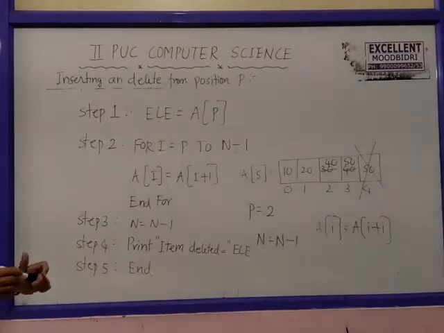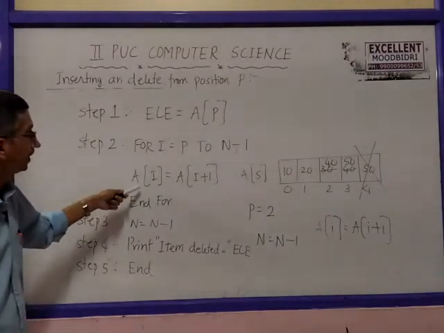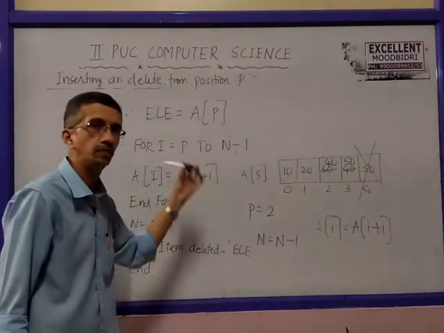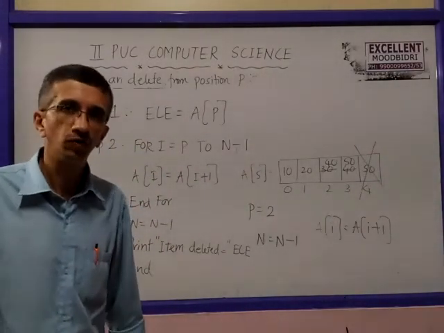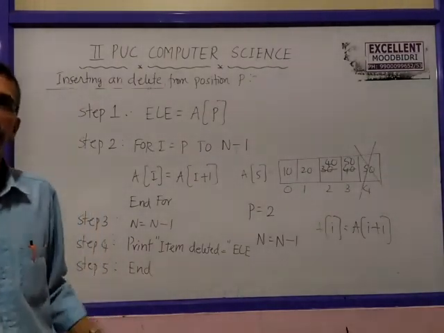That is all, right? So this takes care of shifting the items from the higher order to the previous each time, starting from the given index. So I hope you have understood this, and in the next section we write the program for this.